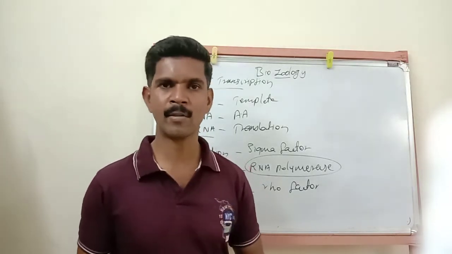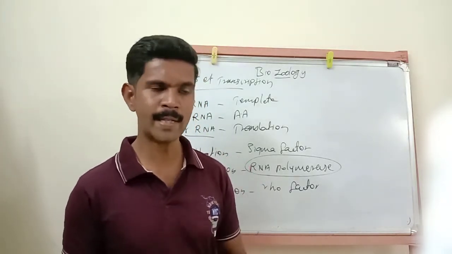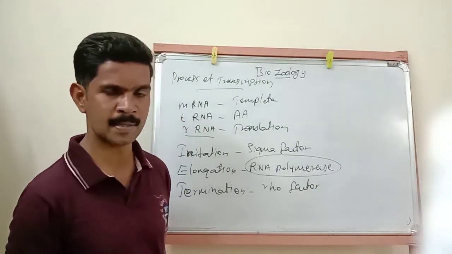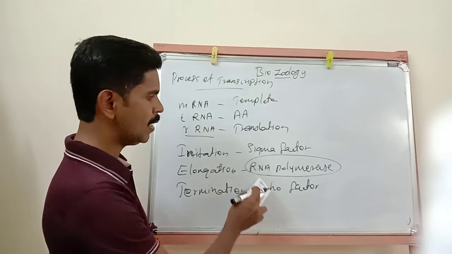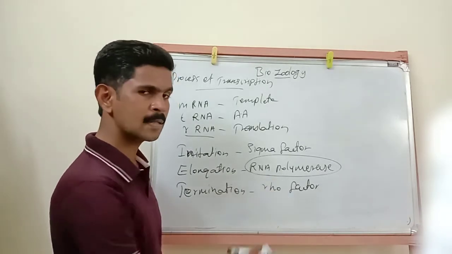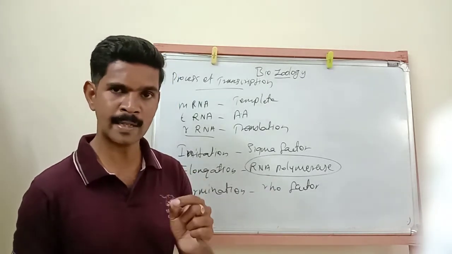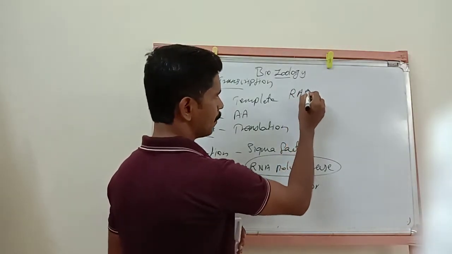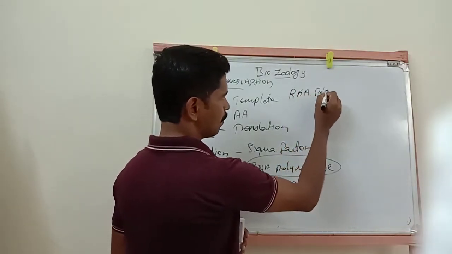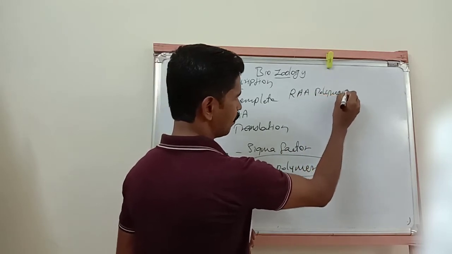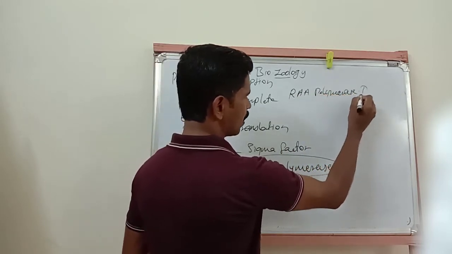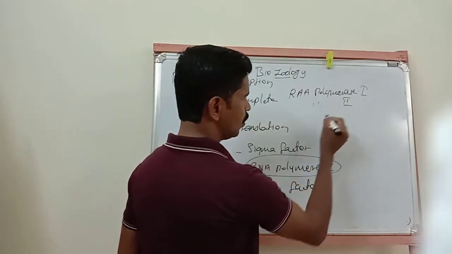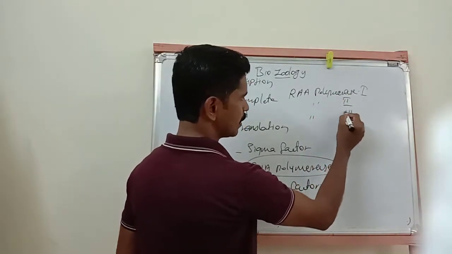In eukaryotic organisms, there are three RNA polymerase enzymes present. Listen very carefully. There are three RNA polymerases present in a eukaryotic cell: RNA polymerase 1, RNA polymerase 2, then RNA polymerase 3.